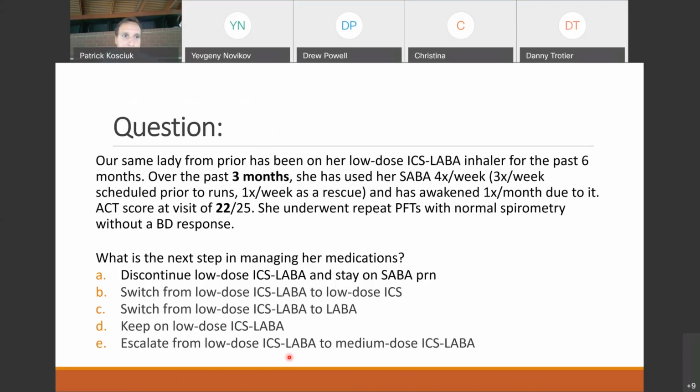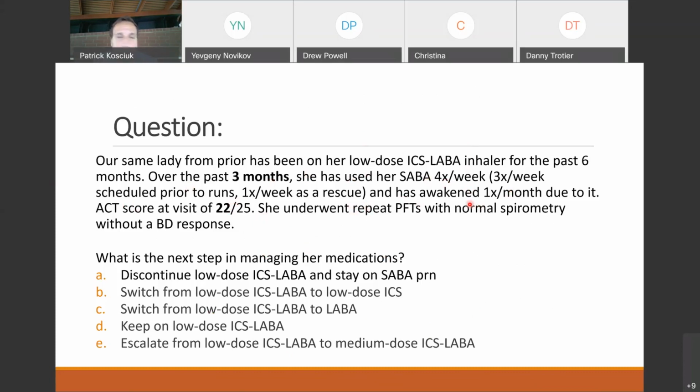I guess the last question, in the last little bit of time, and I'm right at the end of my presentation, is we have our lady from prior. We started her on this low-dose ICS LABA inhaler. For the past 6 months, and the past 3 months, she's been using her SABA 4 times a week. Again, 3 times a week, like I kind of said earlier, prior to her runs, and 1 time a week as a rescue.